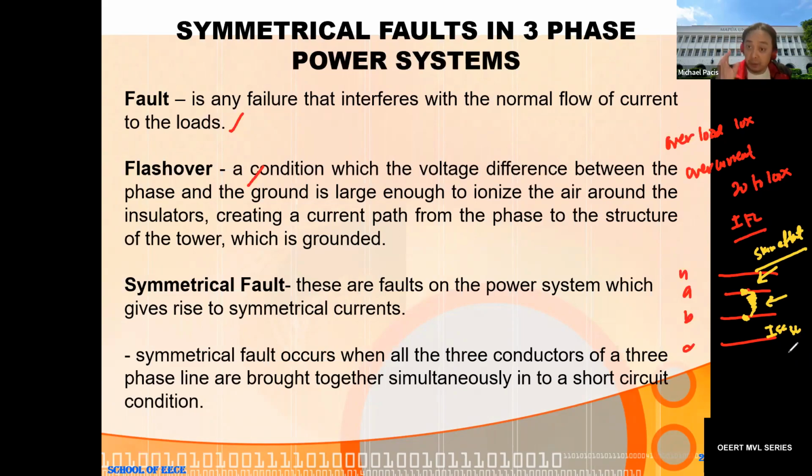Since the three wires are short-circuited, it will produce balanced fault currents, and those balanced fault currents are what we call symmetrical fault currents. So if you see these variables here, IFA, IFB, IFC, it means fault current at phase A, B, and C, and they are balanced.